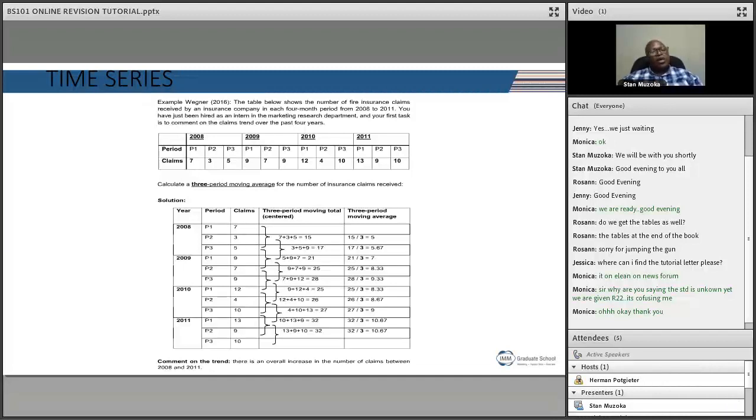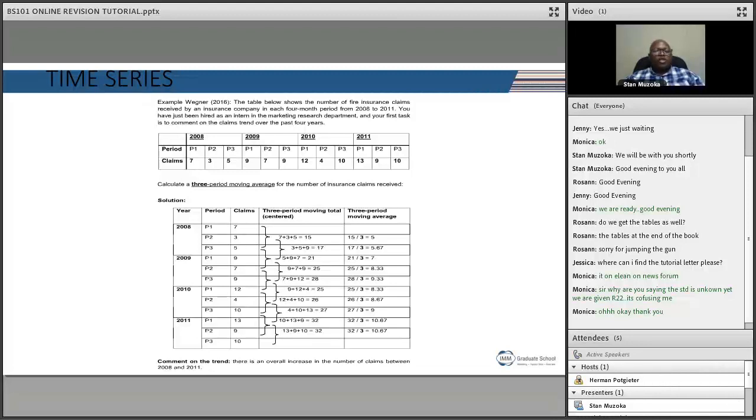Then you say to yourself, I must now calculate the 3-period moving total, which is centered because the total is always placed against the middle value. 7 plus 3 plus 5 is equal to 15, placed against 3.